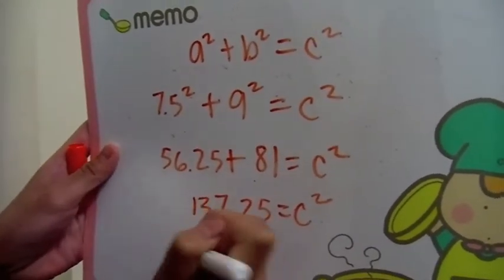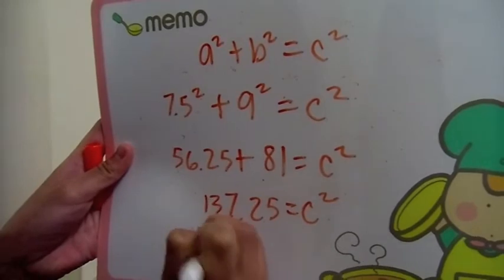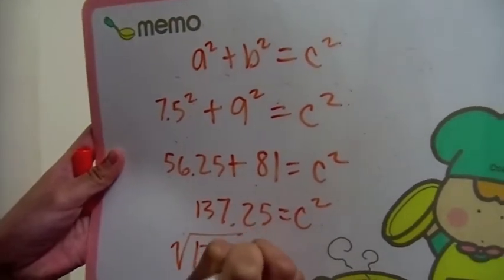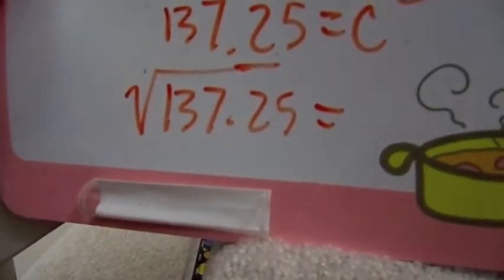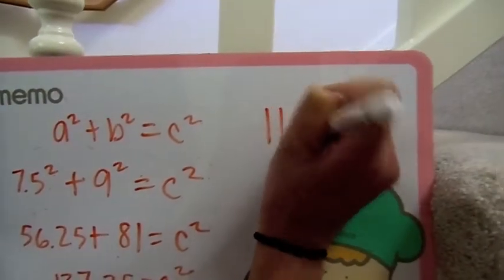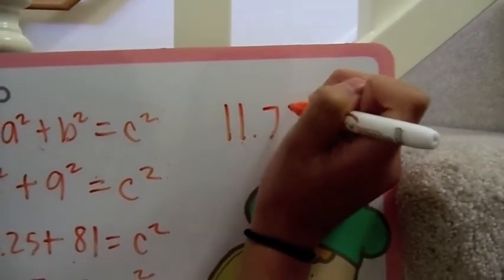With this number, you'll have to take the square root. That's the answer, but if you wanted it in decimal form, it would be rounded to 11.7.